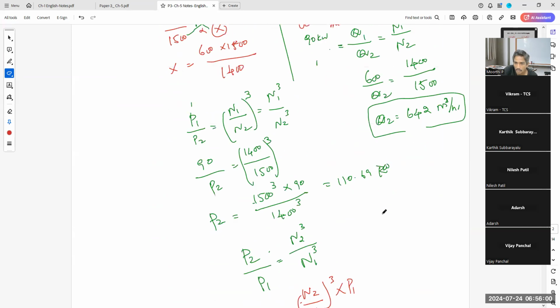Static pressure, same speed. Okay, same speed. Static pressure 170 mm water column. Static pressure 2, you have to find out.